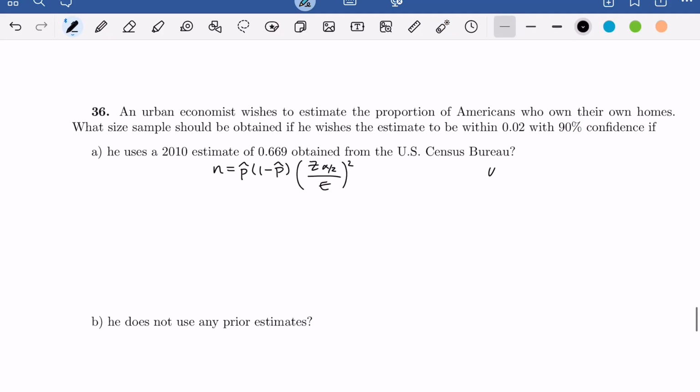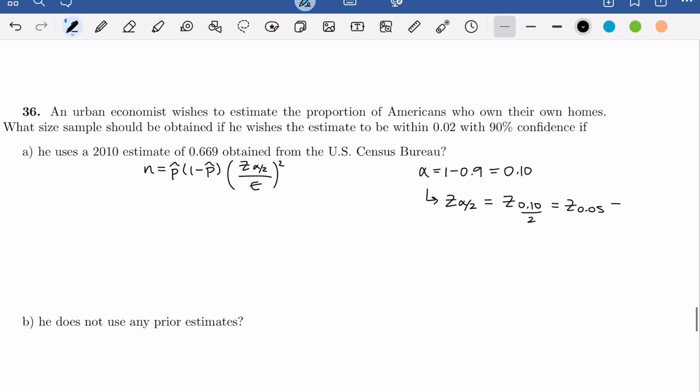So, this means alpha is going to be 1 minus 0.9, which is going to be 0.10. This tells us that our critical value is going to correspond to just 0.10 divided by 2.